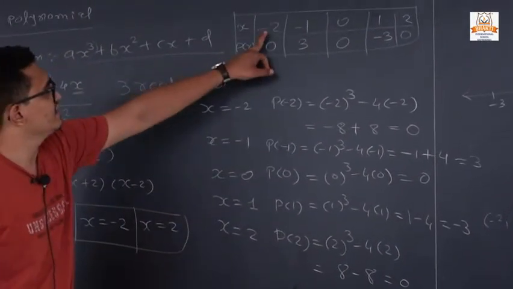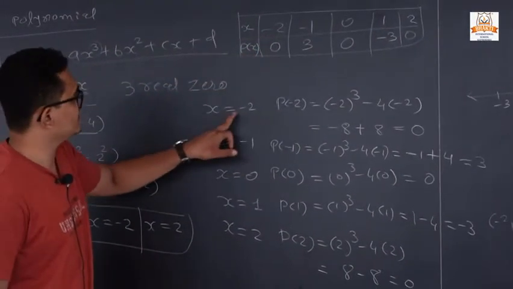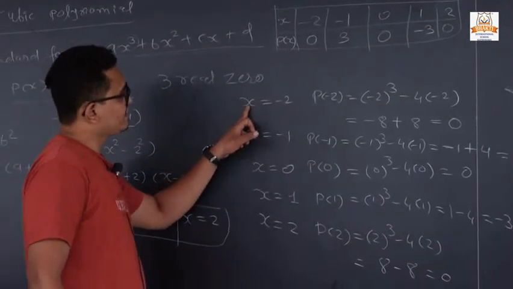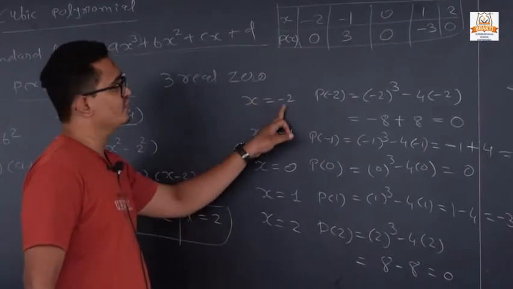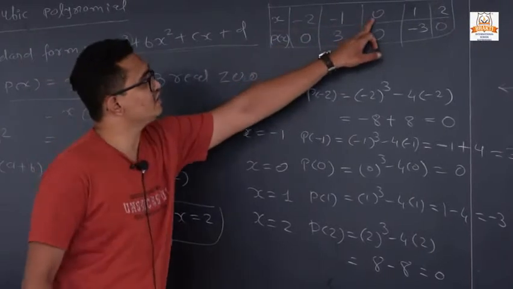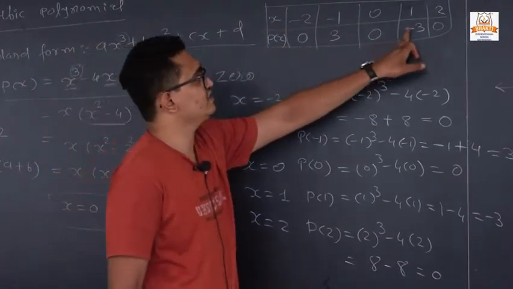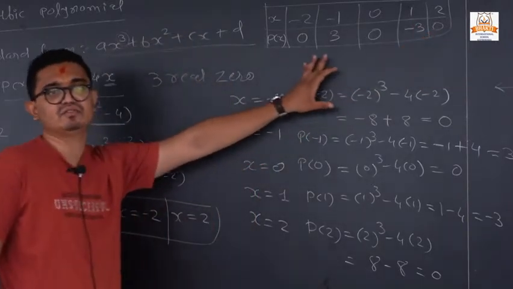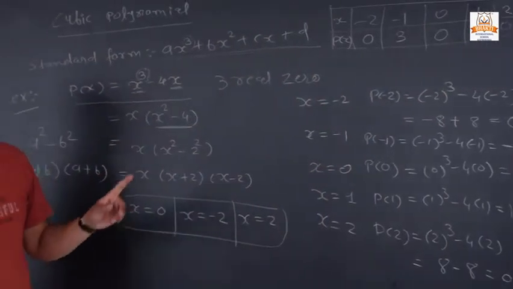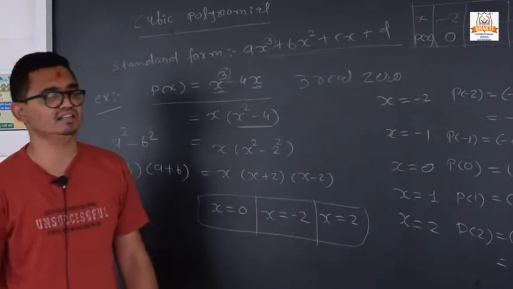So see that if we put x is equal to minus 2, the answer is 0. So what is the zero? Minus 2. If we put x is equal to 0, the answer is 0. So it is first 0, second 0 and third 0. So it means a cubic polynomial always has 3 zeros.